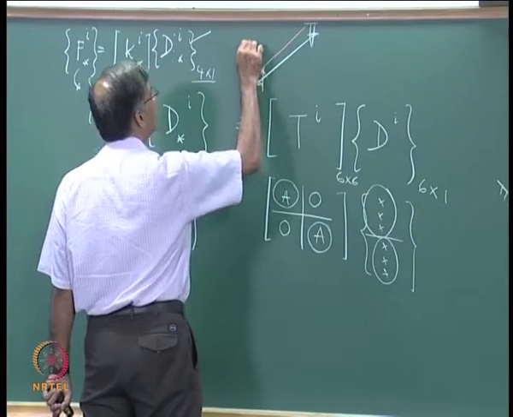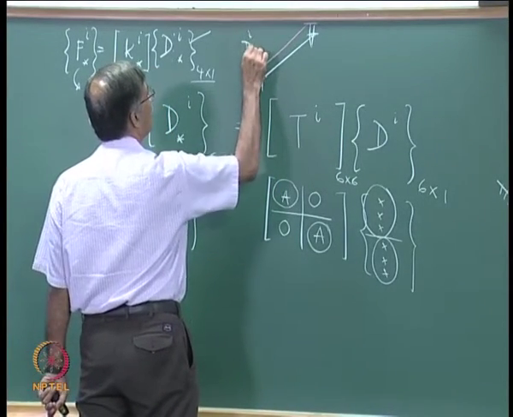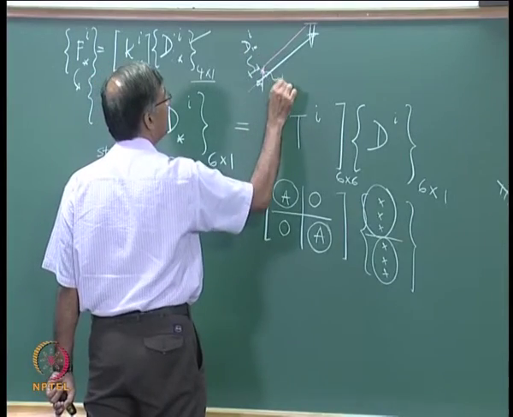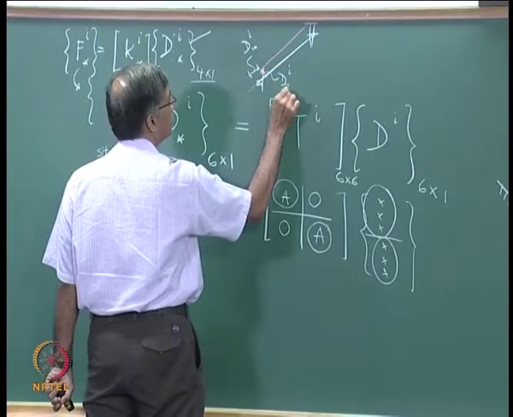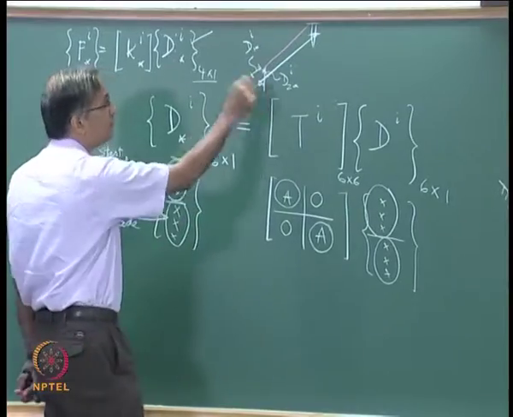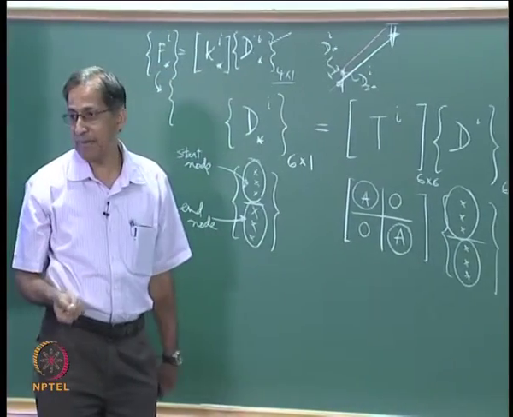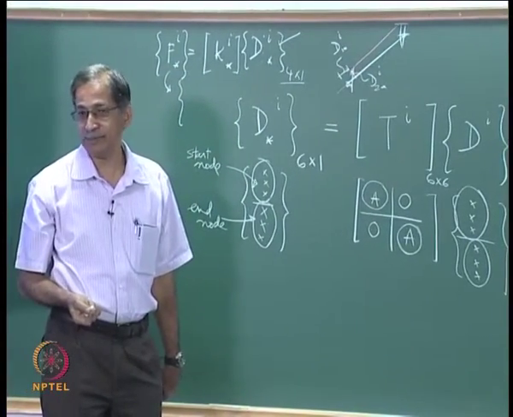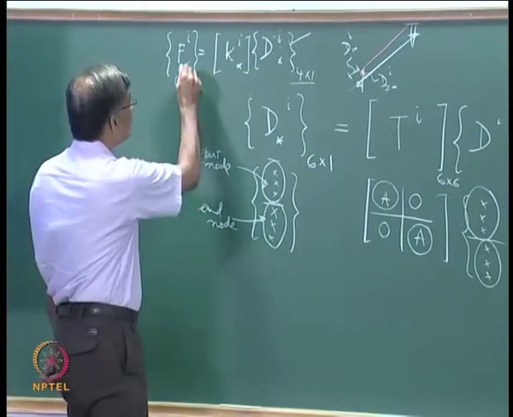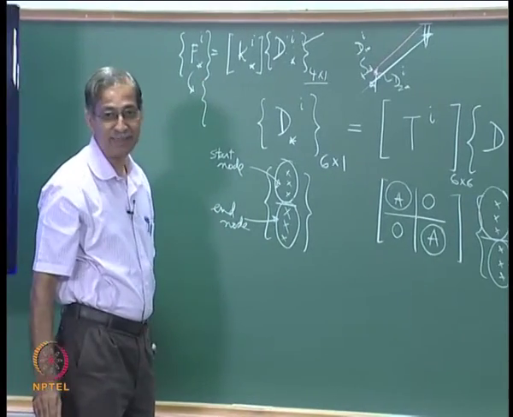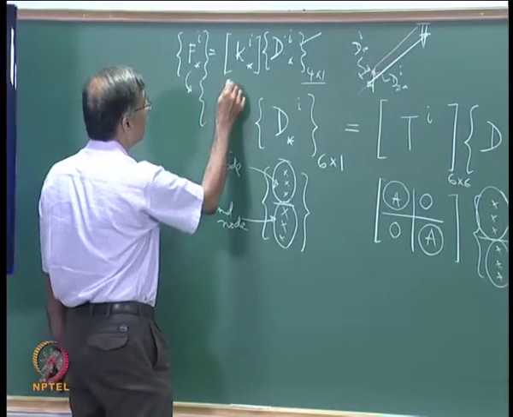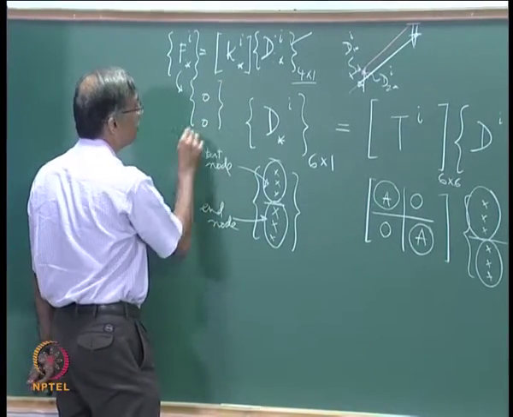So this will be di1 star, this will be di2 star, etc. So these 4 values can be independent. That's why we call them degrees of freedom. But these are not independent in the sense of the 4 values, the second will be 0, the fourth will be 0.